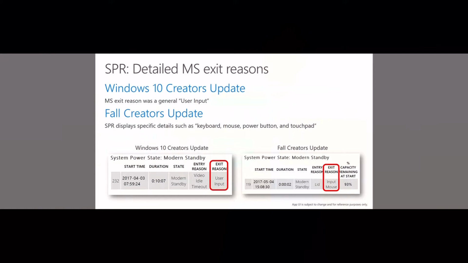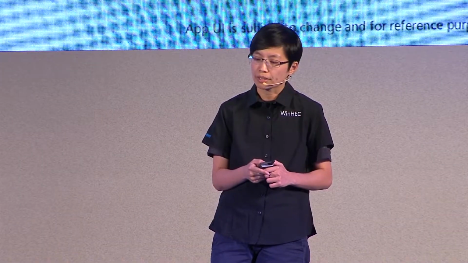In the Windows 10 Creators Update, the System Power Report provides high-level information around why the modern standby session ended. In the Fall Creators Update, we improved the report by offering a higher level of detail. In the example shown in this slide, you'll notice the System Power Report displays user input as the reason modern standby sessions ended in the Windows 10 Creators Update.